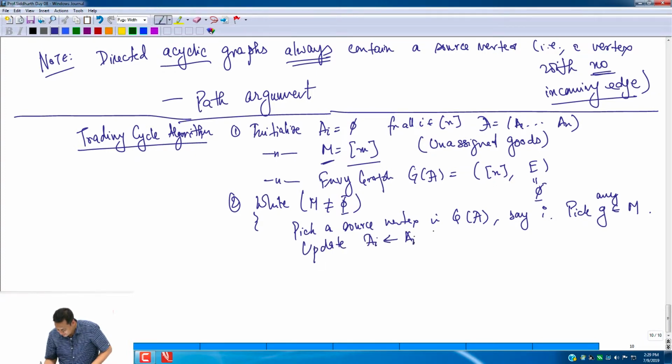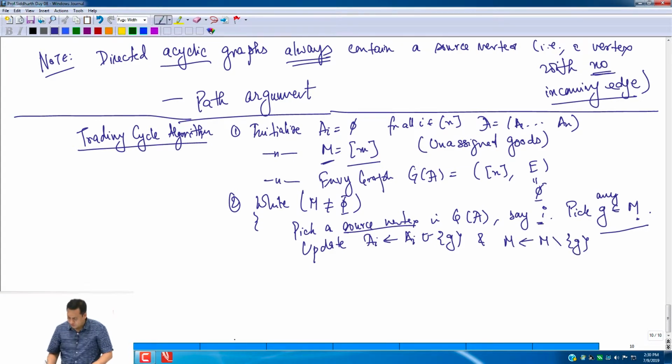So Ai is the source vertex I have selected, and g is literally the arbitrary good which is currently unassigned. It's currently in this set M. So I'll assign it, and now that g has been allocated, I'll remove it from consideration.